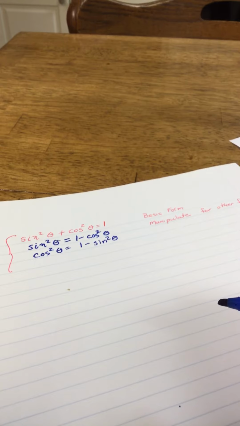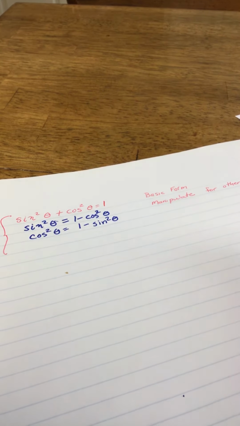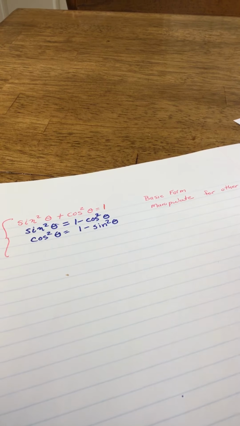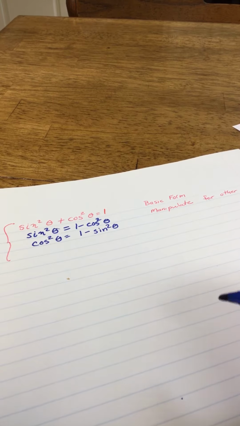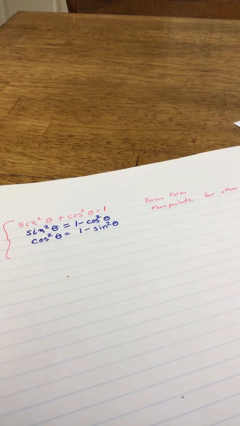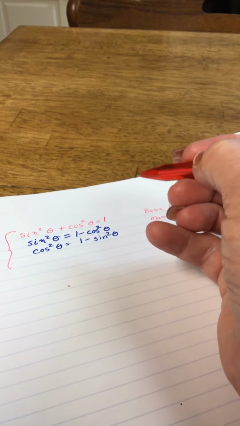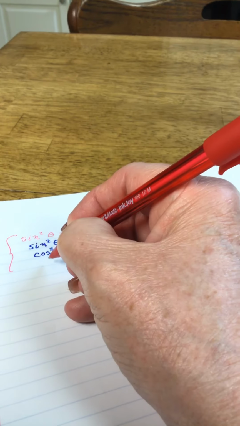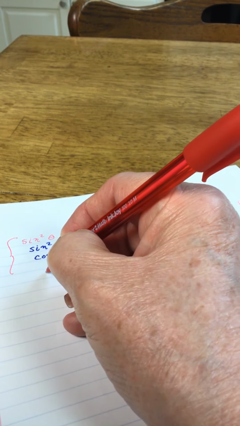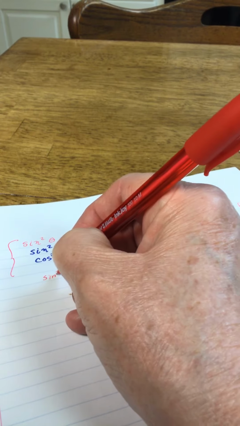Now those are the two basic manipulations of the Pythagorean identity that we're most familiar with, but I'll go ahead and show you other ways you could have manipulated it. If I had wanted to, I could have kept my sine squared.